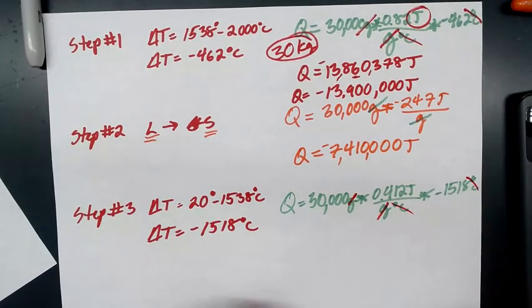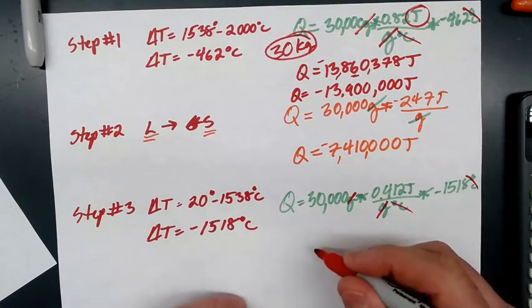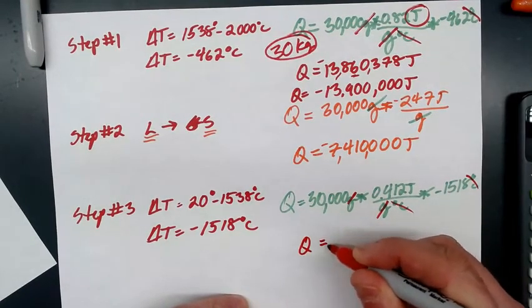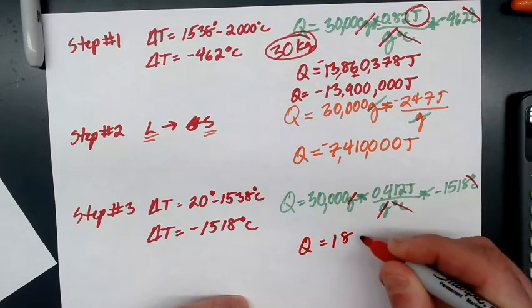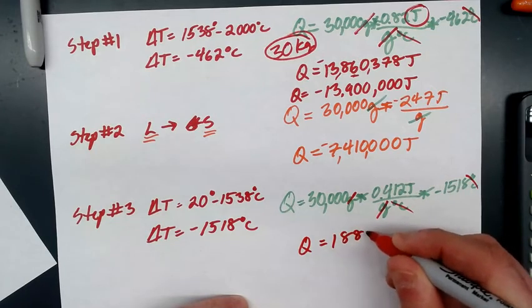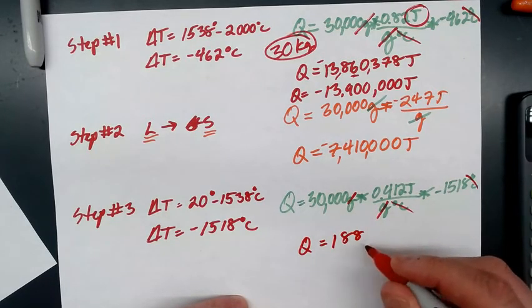And then finally, I'm going to do my final calculation. My final calculation is taking that 30,000, multiplying it by 0.412, and then multiplying it by 1518. That's going to be a negative. I get 18,762,480. So I'm going to go 188, taking 3 digits again.